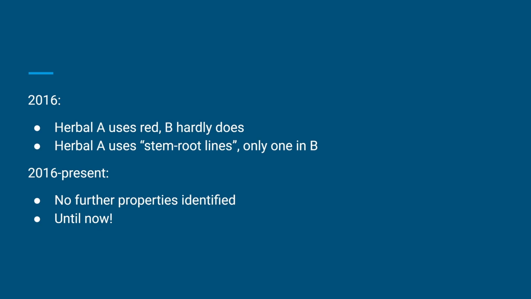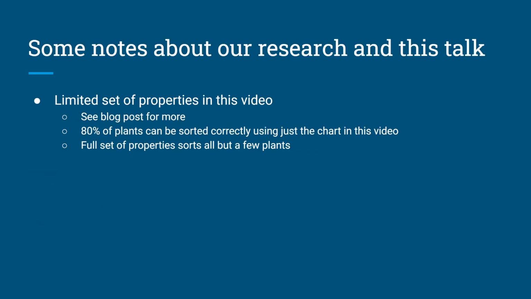That is, we can look at a plant drawing and be able to say whether it belongs to Herbal A or Herbal B. Since this is a video made for YouTube, we decided to limit the properties we discuss here.